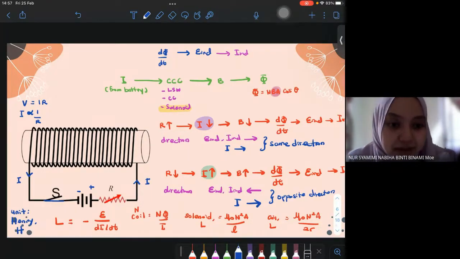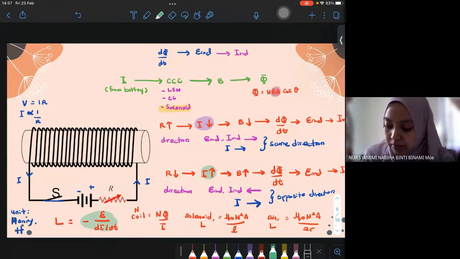Okay. So basically, this is all the thing yang kita belajar pada hari ini. So ada berapa formula untuk self-inductance? Ada 4. 1, 2, 3, 4. Yang dibagi, saya rasa 4-4 dibagi. Okay. Apa yang tak dibagi is the whole process.